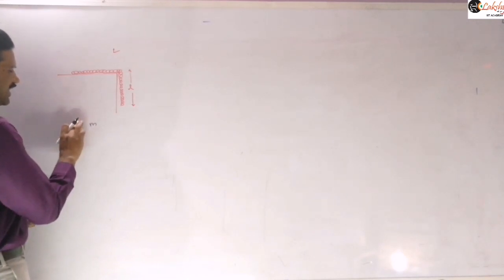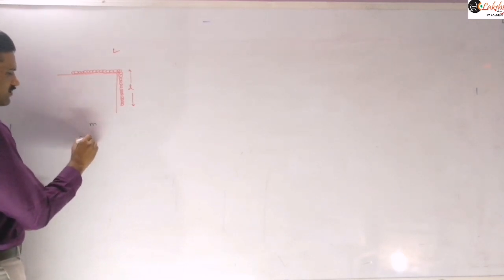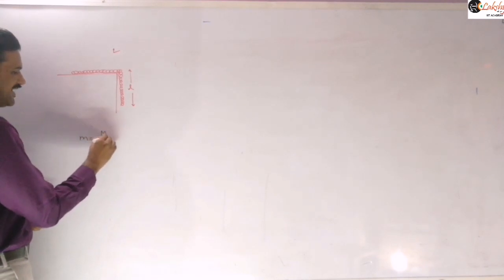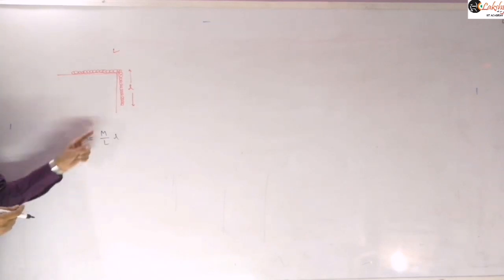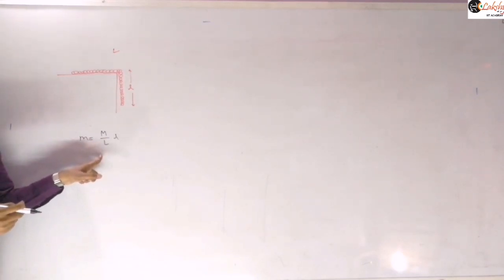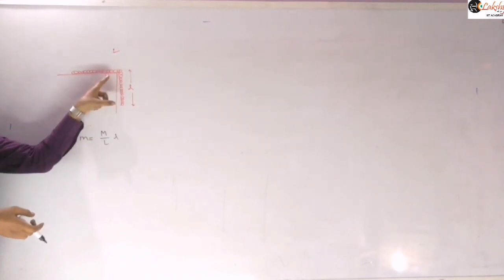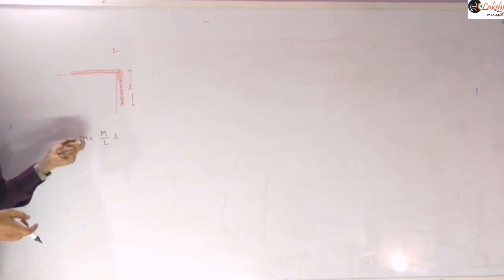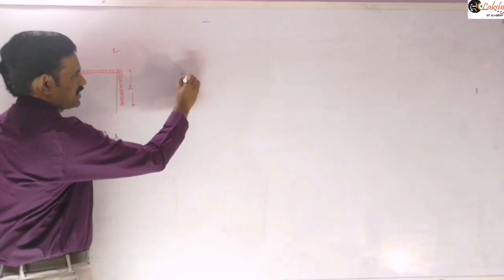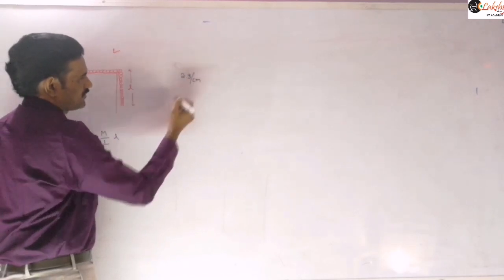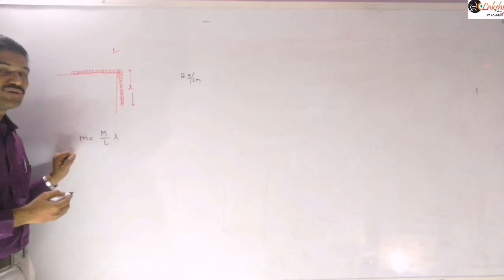So the mass of the hanging part, small m, you can write as M by L into small l. M by L is mass per unit length into the length of this part. Suppose I am taking 2 gram per centimeter, the mass per unit length is 2 gram per centimeter.